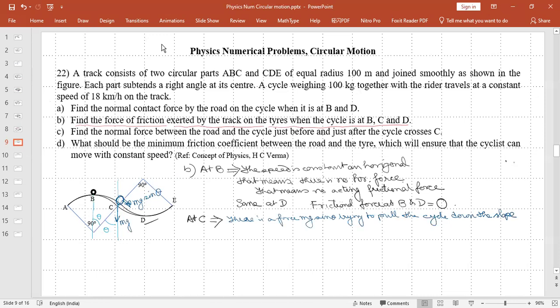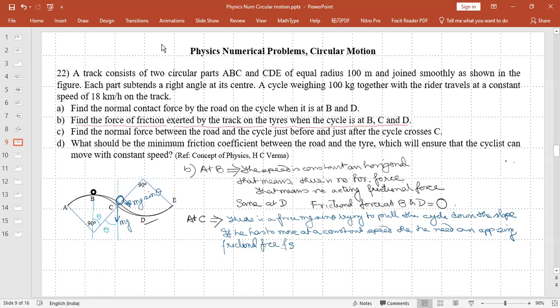If the cycle has to move at a constant speed, then he needs an opposing frictional force, frictional force Fs.